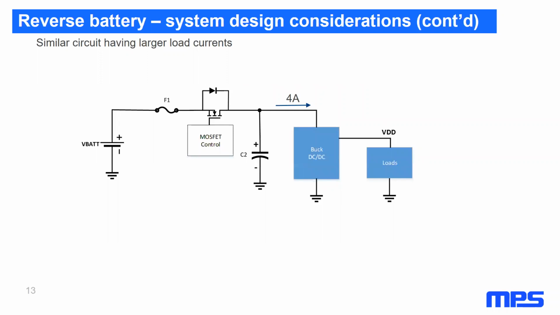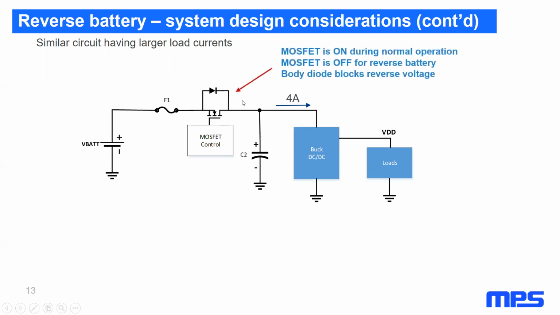Now consider a similar circuit having a larger load current. In this case, the buck converter pulls 4 amps from the battery input. For this circuit, we replace the discrete Schottky diode with a MOSFET, which includes the body diode of the FET. During normal operation, the MOSFET will be turned on continuously.